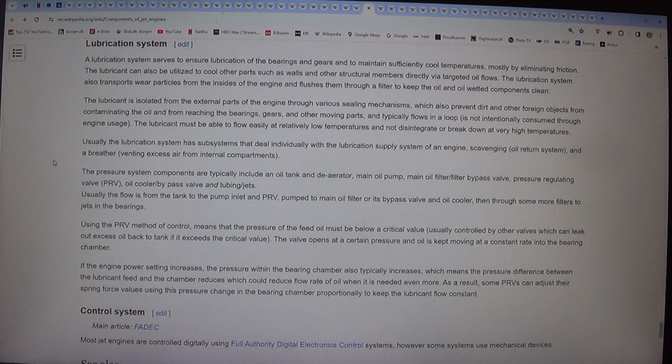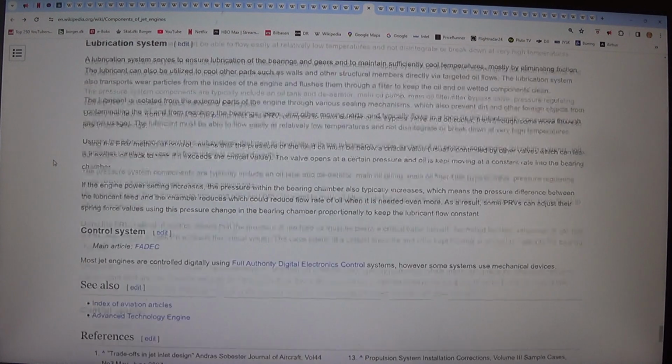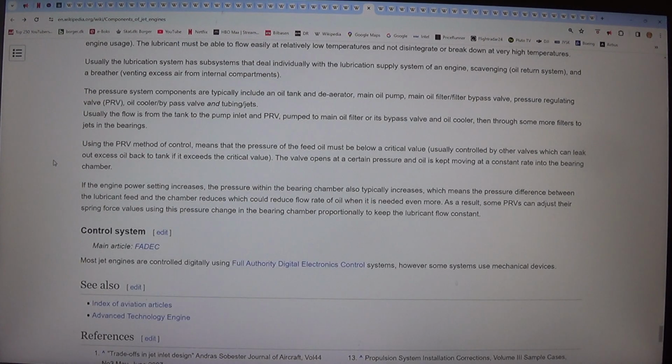Using the PRV method of control means that the pressure of the feed oil must be below a critical value, usually controlled by other valves which can leak out excess oil back to tank if it exceeds the critical value. The valve opens at a certain pressure and oil is kept moving at a constant rate into the bearing chamber.